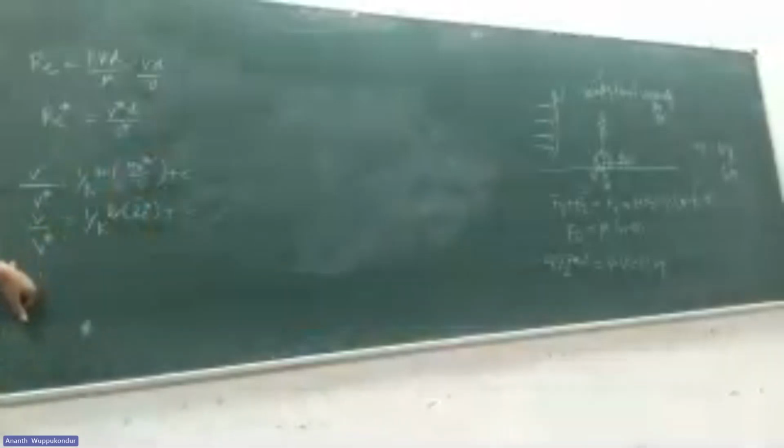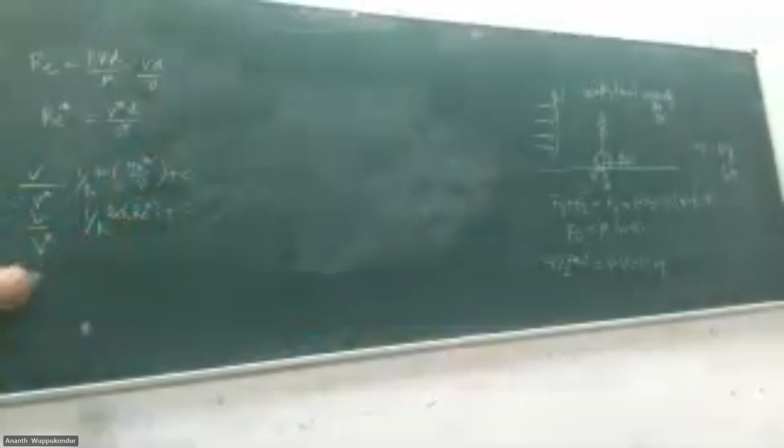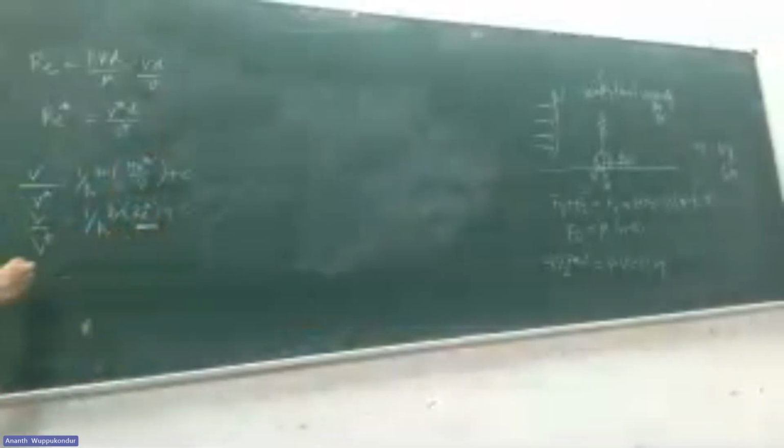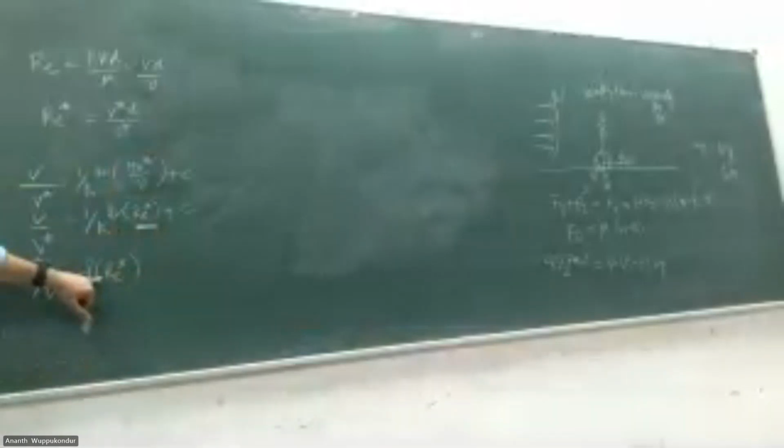So I'm representing V by V star in terms of RE star. So this on the right hand side would become a function of RE star, right? So V by V star is a function of RE star on the right hand side.